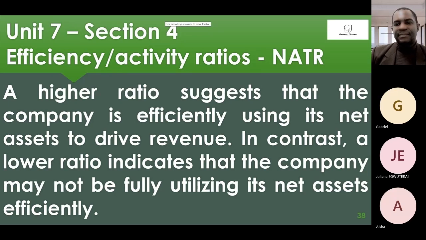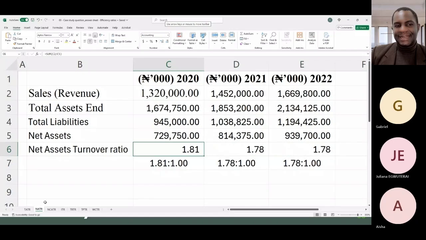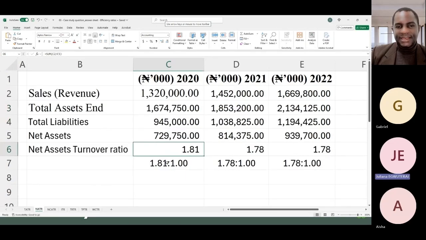You can see they did better than the result of total assets without excluding liabilities. Here, they've excluded not even just current liability but total liabilities, long-term and short-term, and they still had better results. Their revenue almost doubled, because if you approximate this, we have 2 times our net assets.